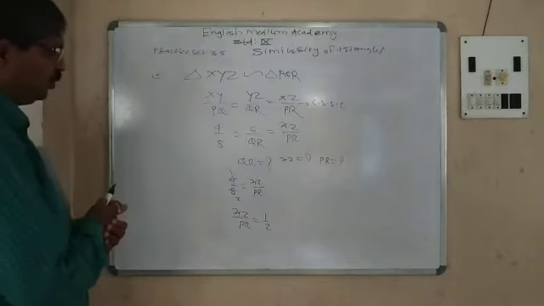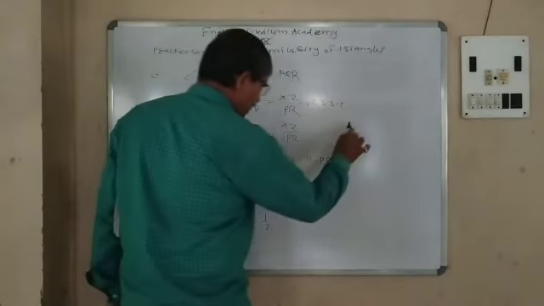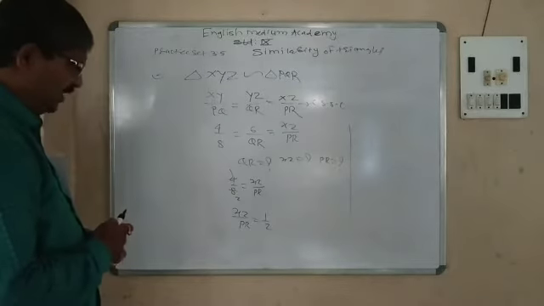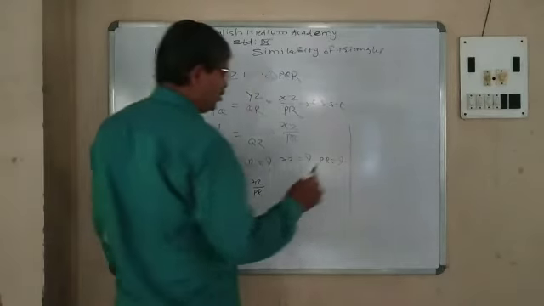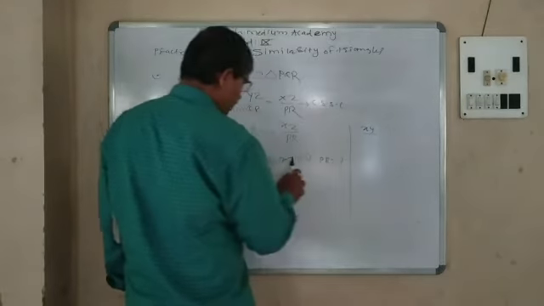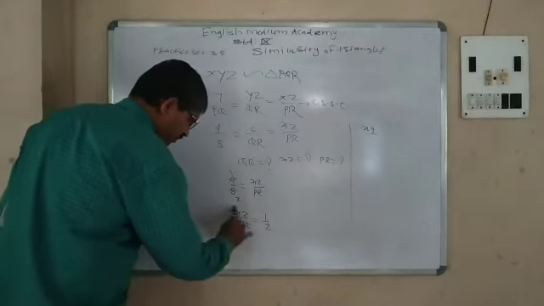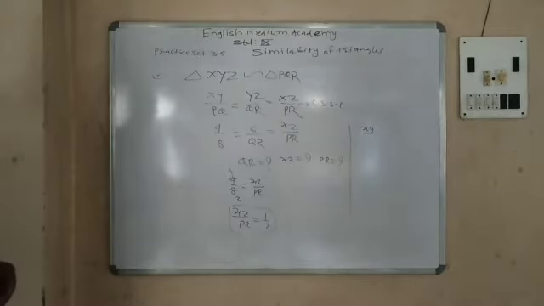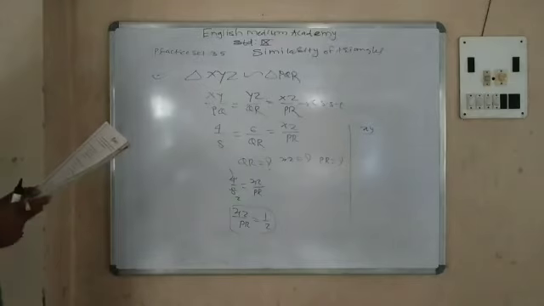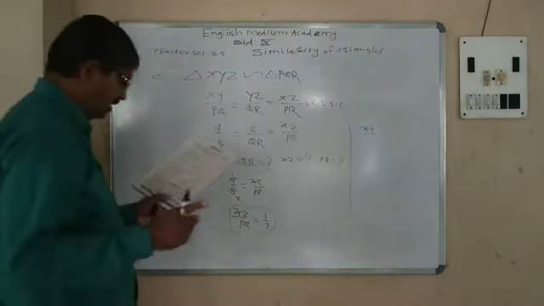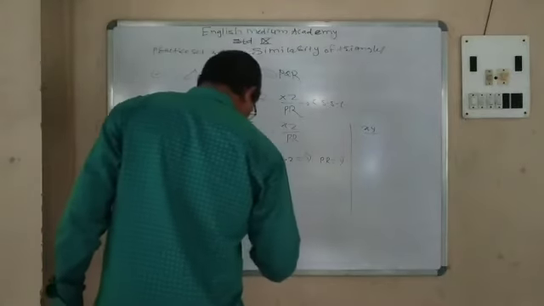If you want to find XZ and PR, then in that same ratio, XY upon PQ, at last XZ upon PR will also come to 1 upon 2. That is the answer. And here, I think XZ is also given to us as 5. Yes, XZ is given as 5.